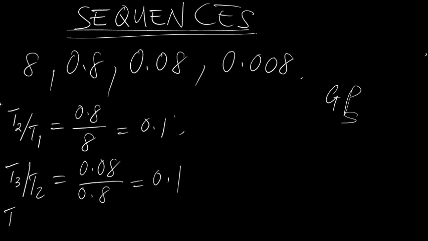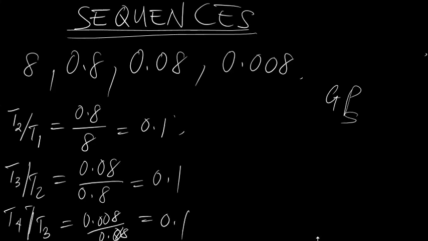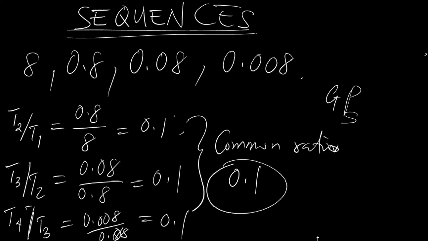The fourth term divided by the third term, 0.008 divided by 0.08, will give us 0.1. So the common ratio is 0.1, which is the same thing as 1/10.